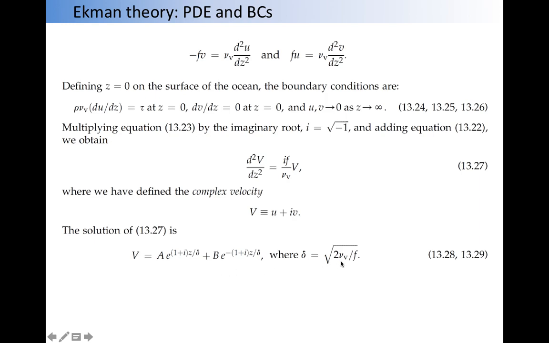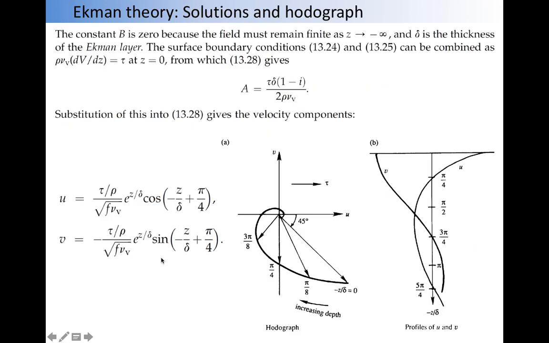So if delta is given this value, think about how we're going to define, right? In case z equals pi delta, half pi delta, and so on, you can get the value.